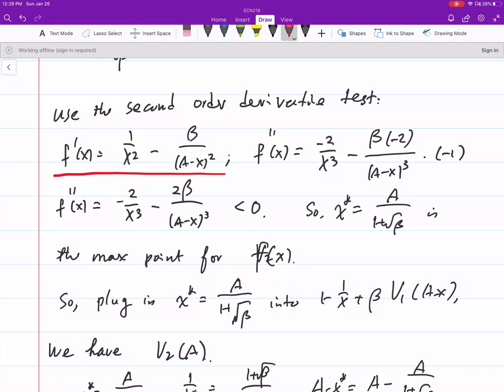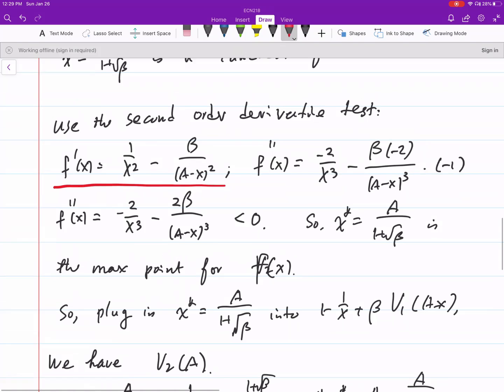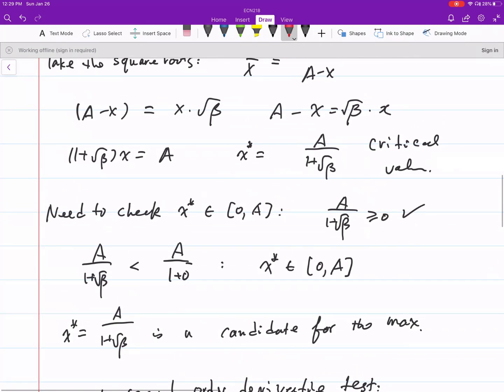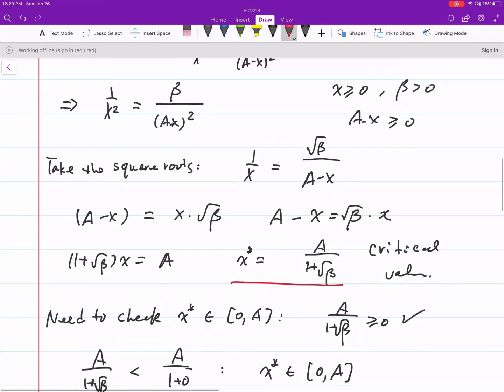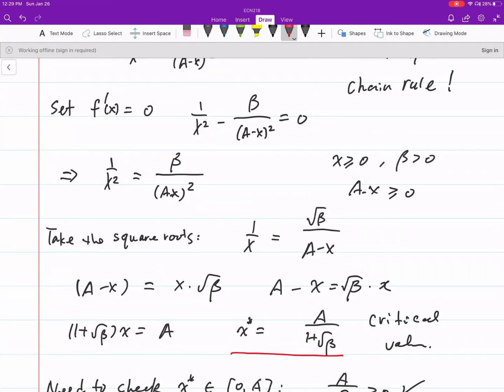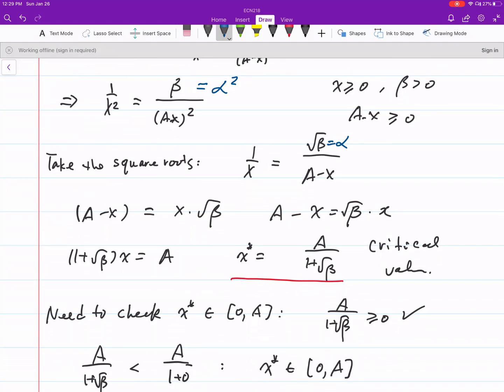When we solve the equation, we actually get square root of beta. So if in the original equation we call beta to be alpha squared, then when we take the square root, this is simply alpha, and we don't have this cumbersome square root to carry around.